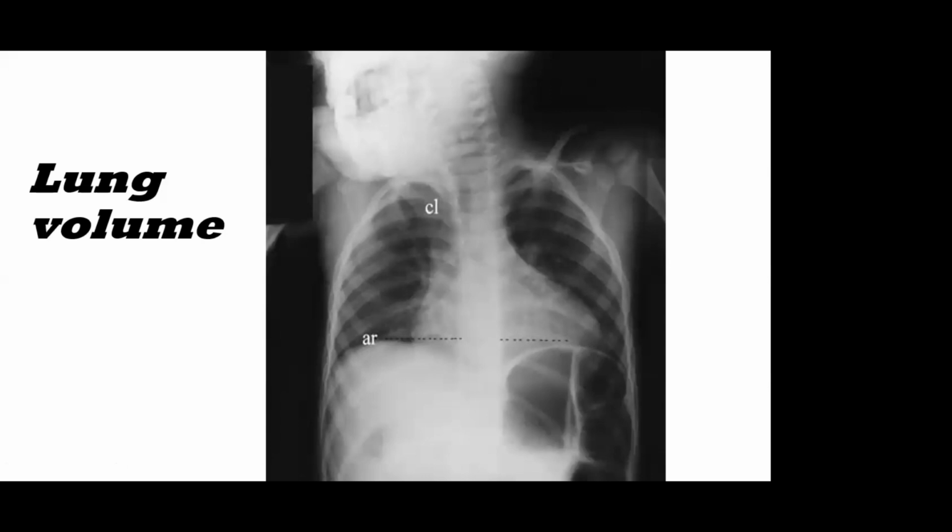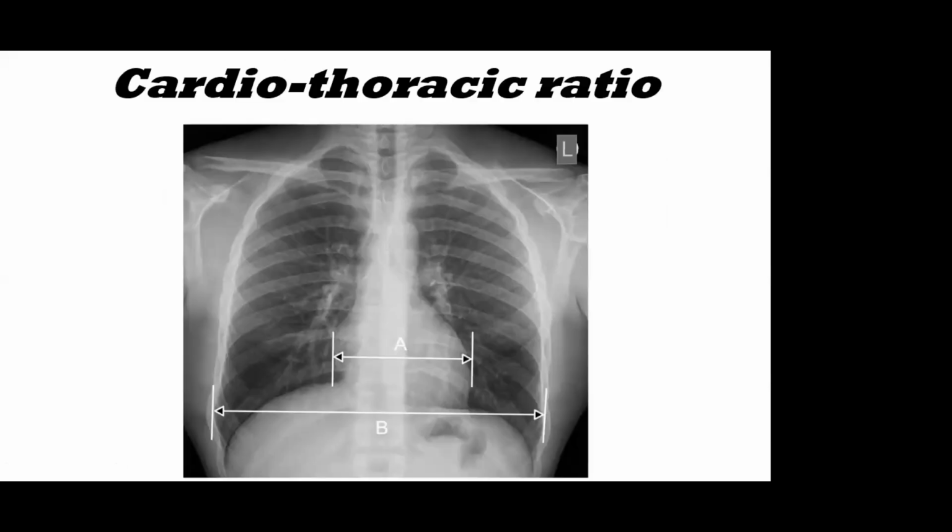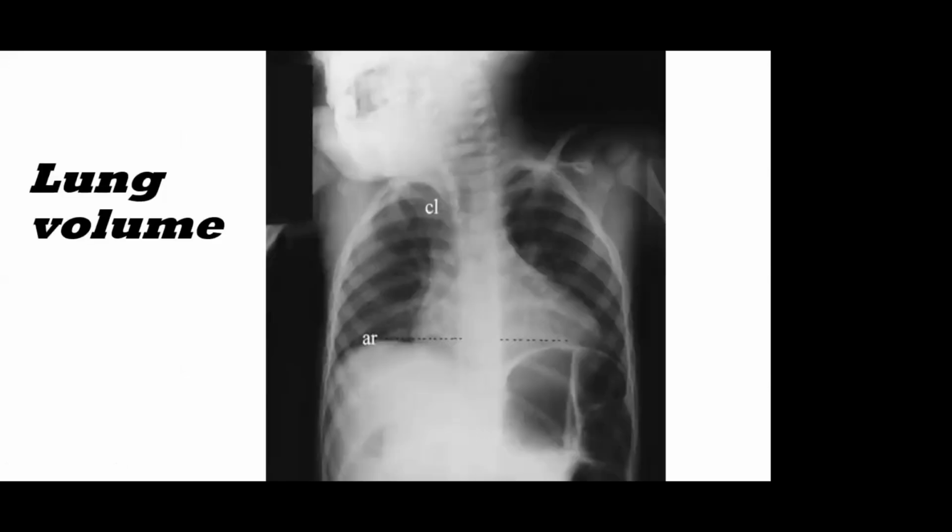When you are calculating lung volume, start counting from the first rib down. In a well expanded lung field, you should be able to see approximately 7 rib spaces on the right side and approximately 8 rib spaces on the left side. More than 9 rib spaces is generally considered an overexpanded lung field.